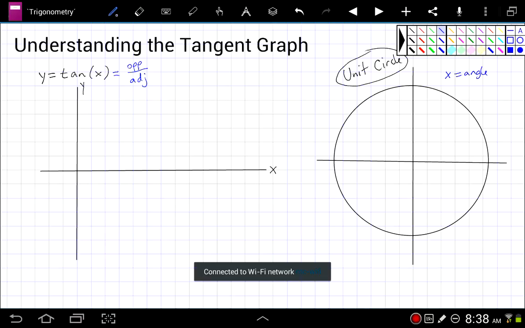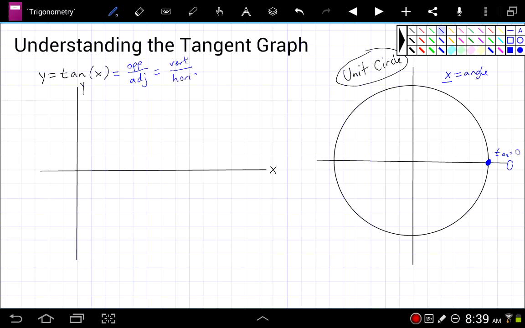So we might start at an angle of 0, or an x value of 0. Whenever x is 0 in this function, in our unit circle, the angle is 0. So whenever our angle is 0, tangent equals 0, right? Because the opposite side, which in a reference triangle is always the vertical side, and the adjacent side is always the horizontal side.